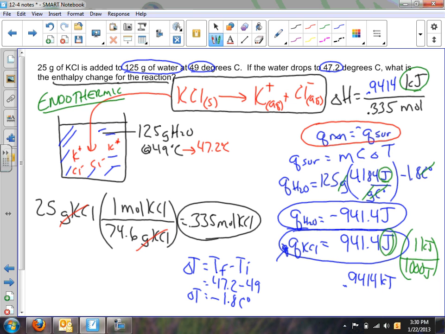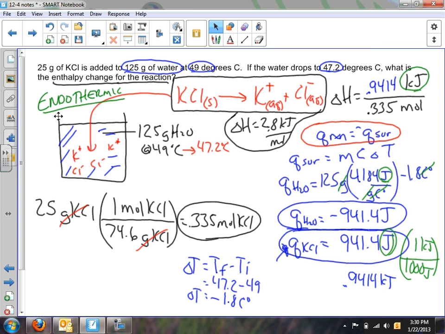When I divide that, we get a delta H of 2.8 kilojoules per mole for that reaction. So that would be our answer, 2.8 kilojoules per mole.